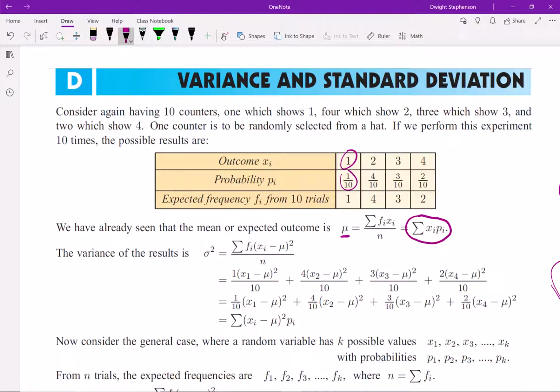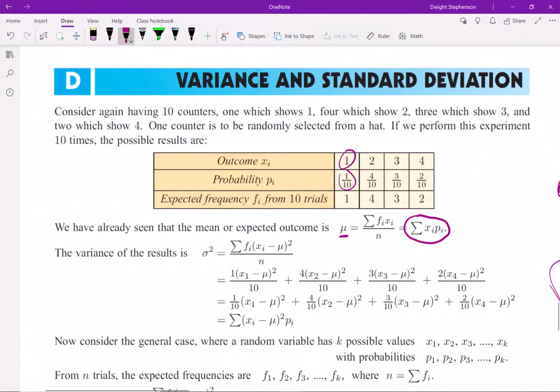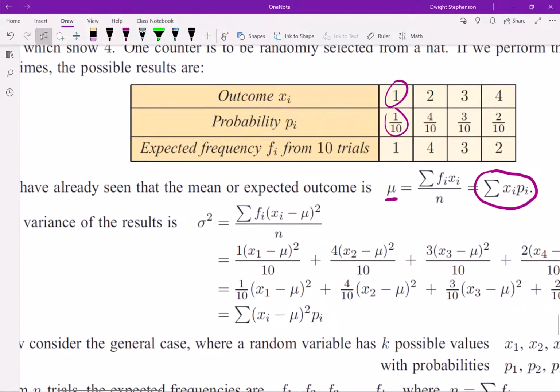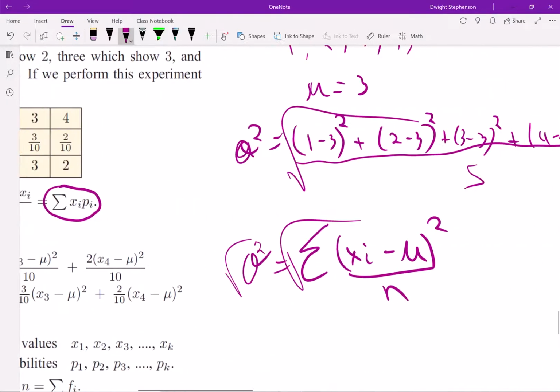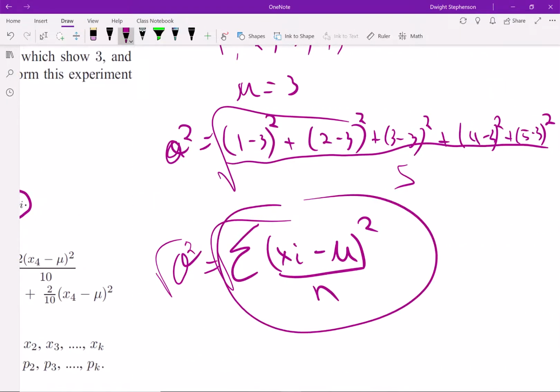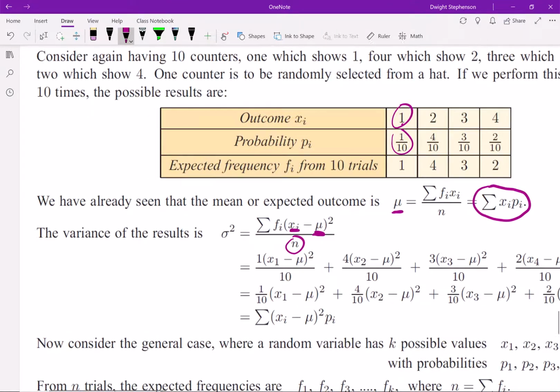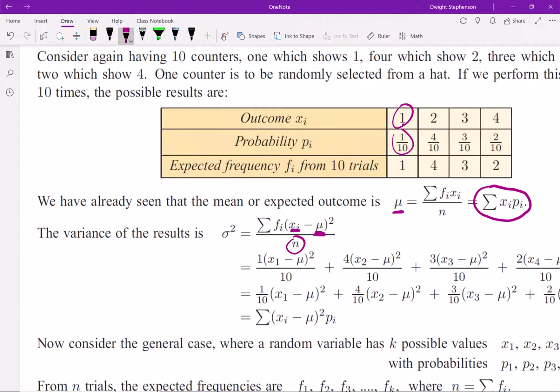So applying what we just talked about with standard deviation, we could do the same thing if we're doing 10 trials. You can see this is just each individual term minus the mean, squared, divided by n. That's the same formula we just talked about, right? The only difference is we're going to multiply by frequency, because how many times does it happen.